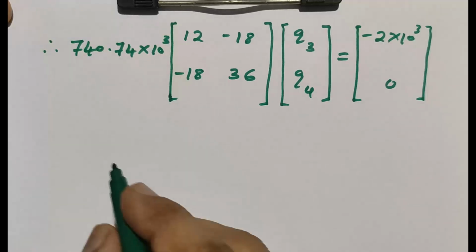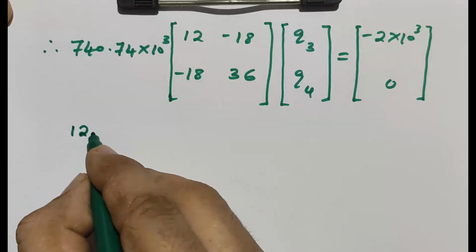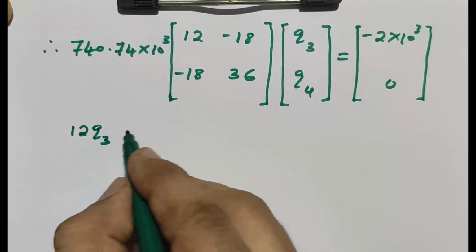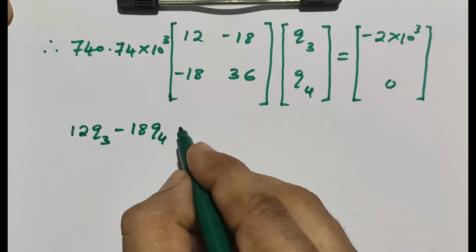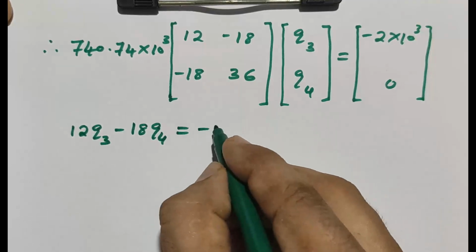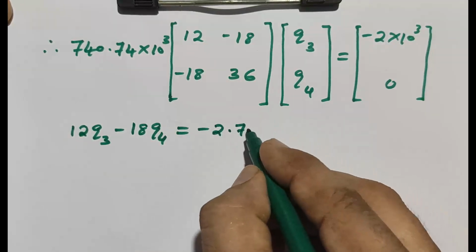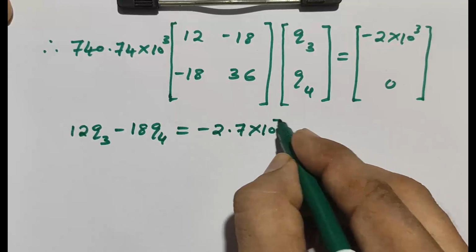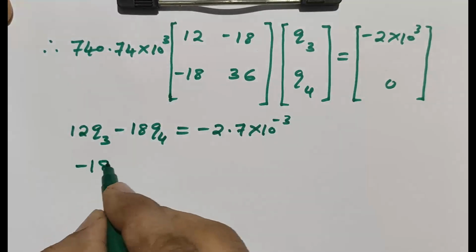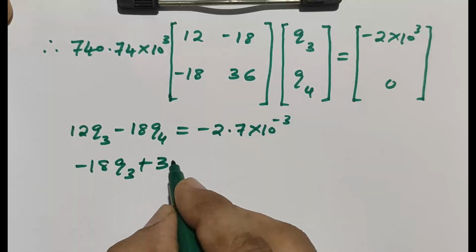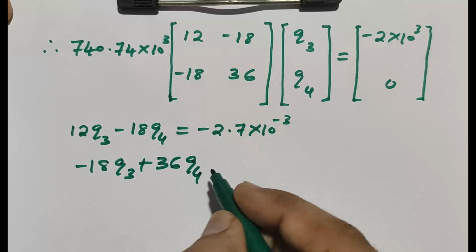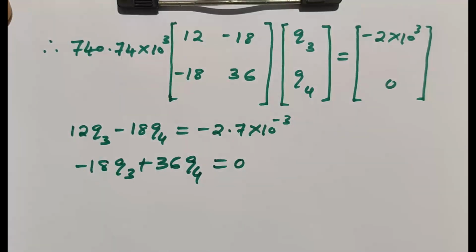If you multiply this, we will get 12 into Q3 minus 18 into Q4 is equal to minus 2.7 into 10 power minus 3, and minus 18 Q3 plus 36 Q4 is equal to 0. If you solve these two equations, you can find out Q3 and Q4.